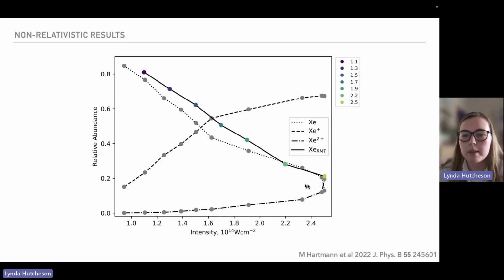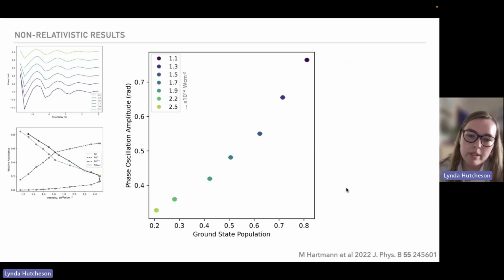So looking at the same thing as before, the phase oscillation amplitude, this time as a function of the ground state population instead of the IR intensity, we see this. As we increase the amount of population left in the ground state, we also increase the phase oscillation amplitude.